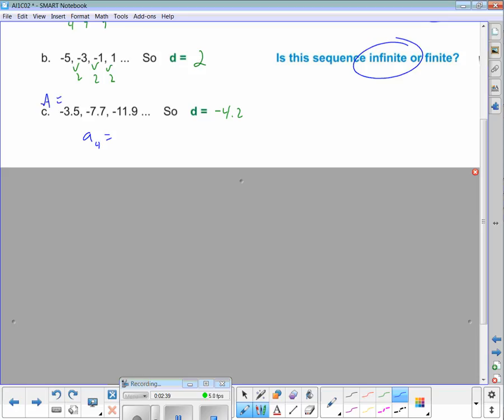Raquel? $11? Base 10 system. It would be Nick. Help her out. Negative 16.1, right, would be the fourth term. Remember, the lowercase letter tells you you're looking for one of the terms. The subscript tells you what number term, the fourth term, and the fourth term is negative 16.1.